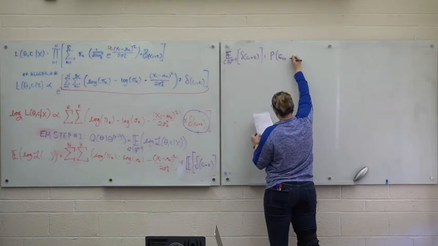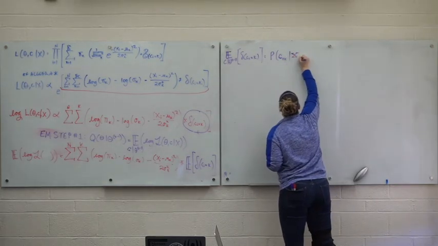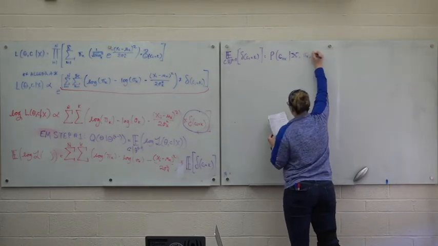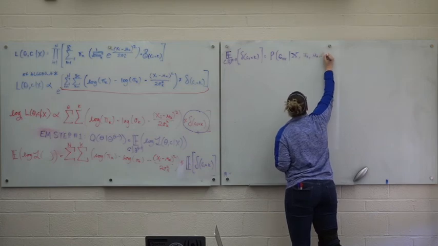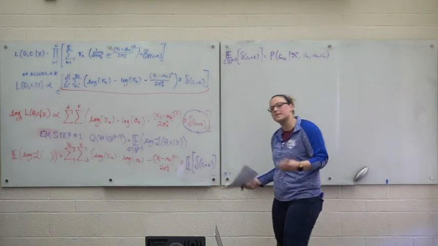Talk about that in a second. Given all of our data, given all of the pi k's, mu k's, and sigma k's. The reason we came up with that is just through Bayes' theorem.